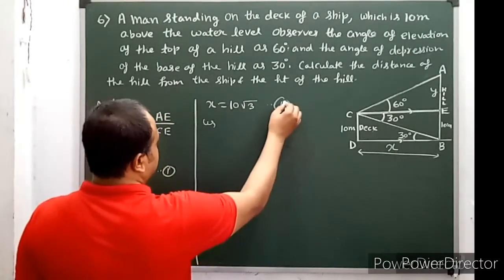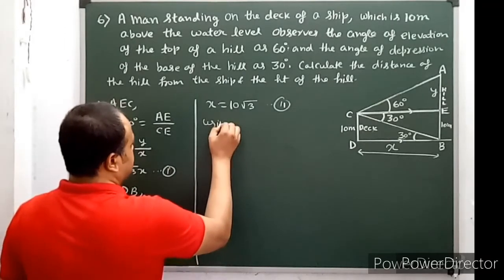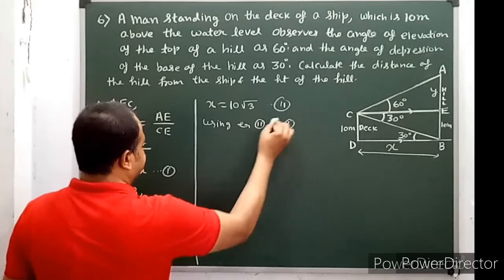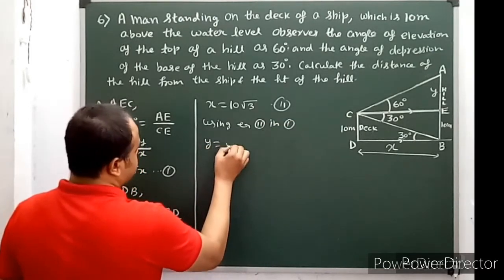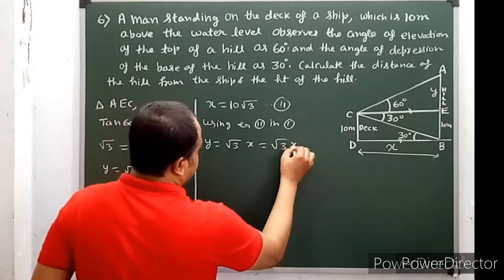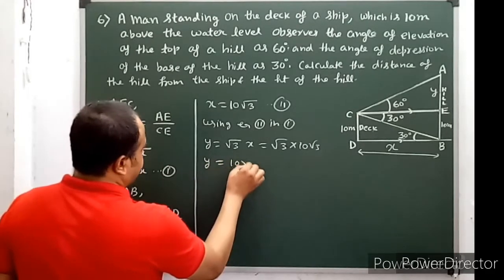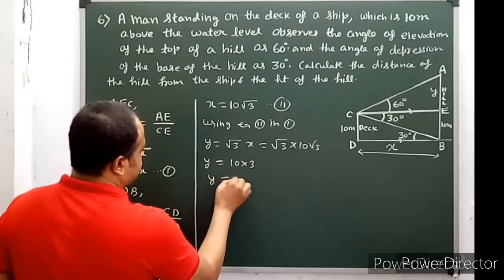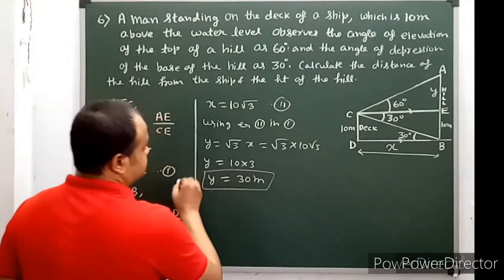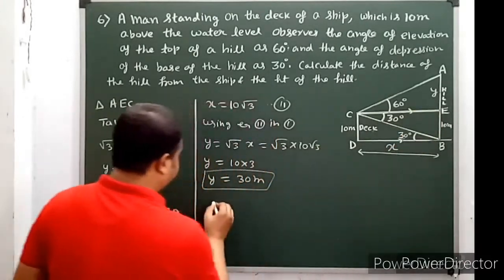We will put the value of X in equation 1. Using equation 2 in 1, we get Y equals root over 3 x, that is root over 3 into 10 root over 3. We get 10 into 3, that is we got 30 meter. So Y we have got 30 meter.